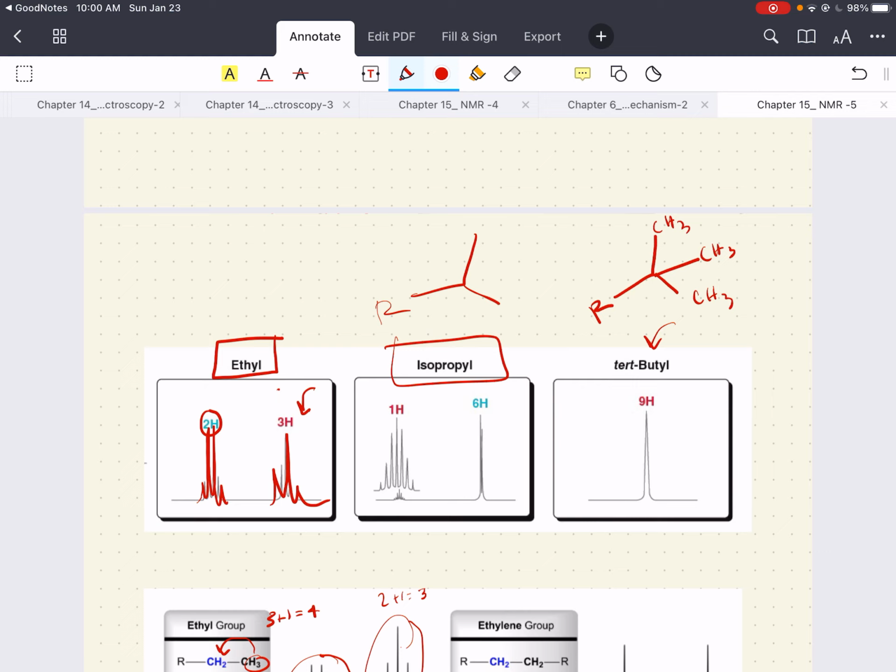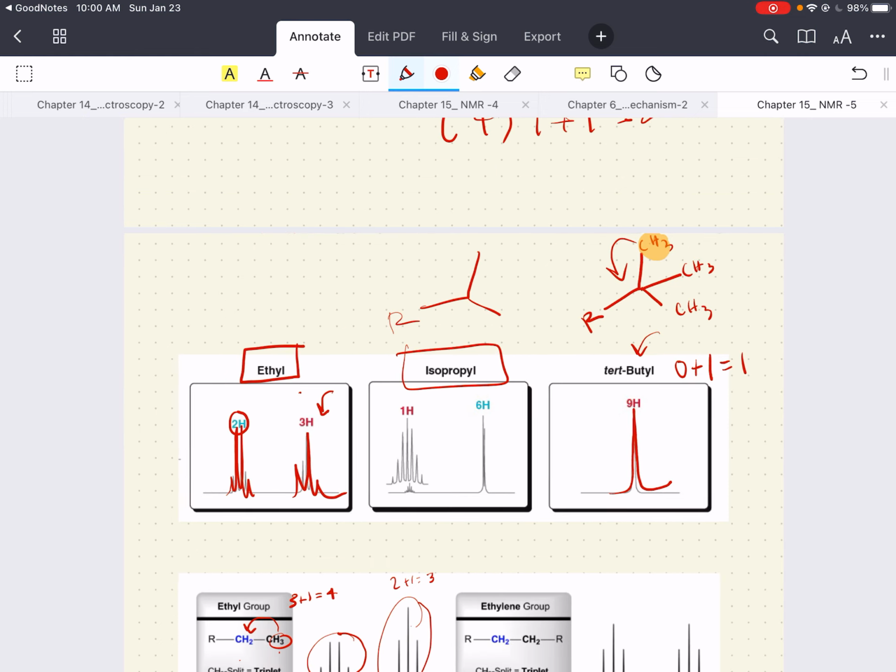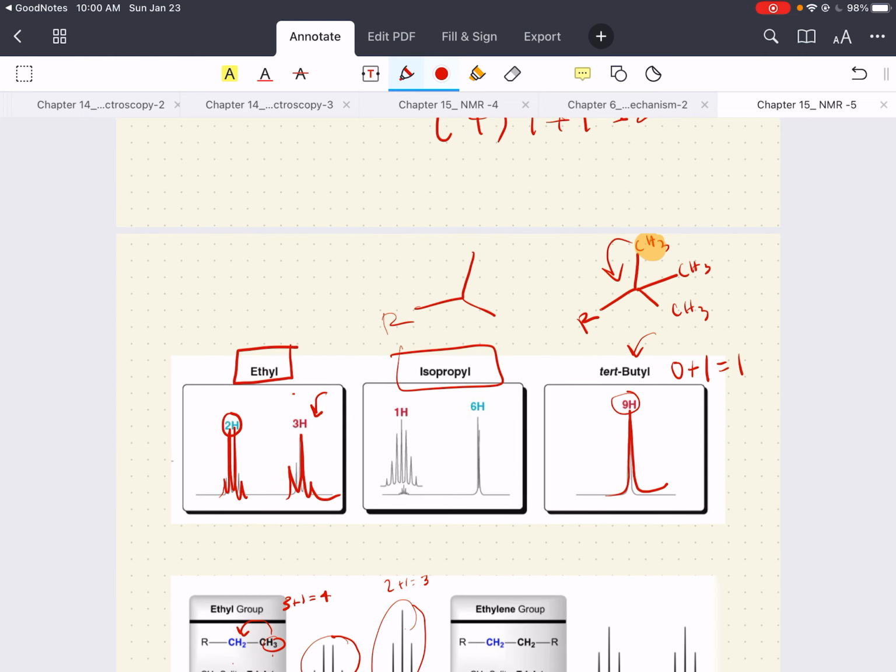All of those are equivalent. So all you have to do is consider 1 and look at how many neighbors it has. It has 0 neighbors plus 1, so it's going to give off just a singlet. But our integration is going to be 9, because all 3 of these are equivalent. 3 plus 3 plus 3 is 9 hydrogens giving off the same exact signal.